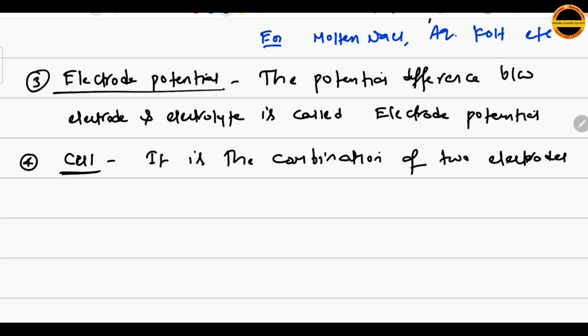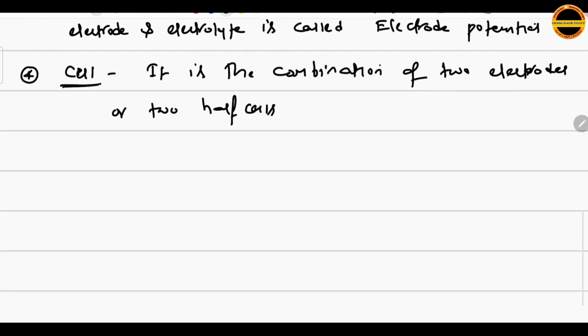It is the combination of two electrodes or two half cells. If we combine one anode and one cathode, we consider it as a cell. Or two compartments, one anode half cell and second cathode half cell, together we refer to it as a cell.